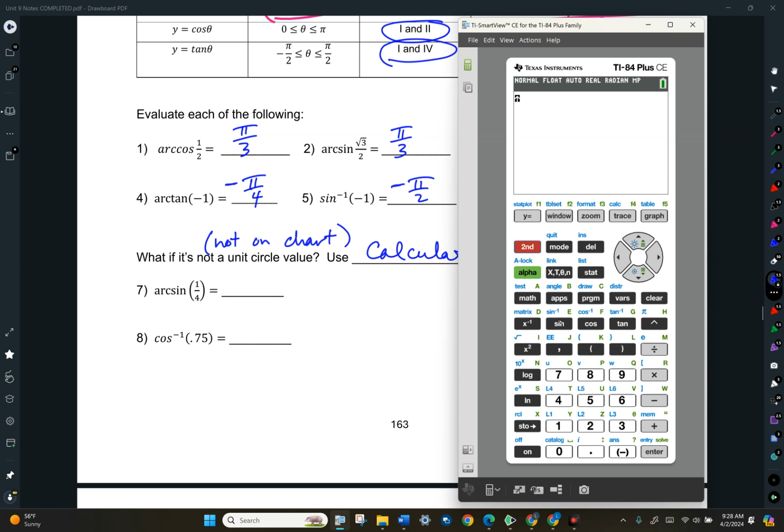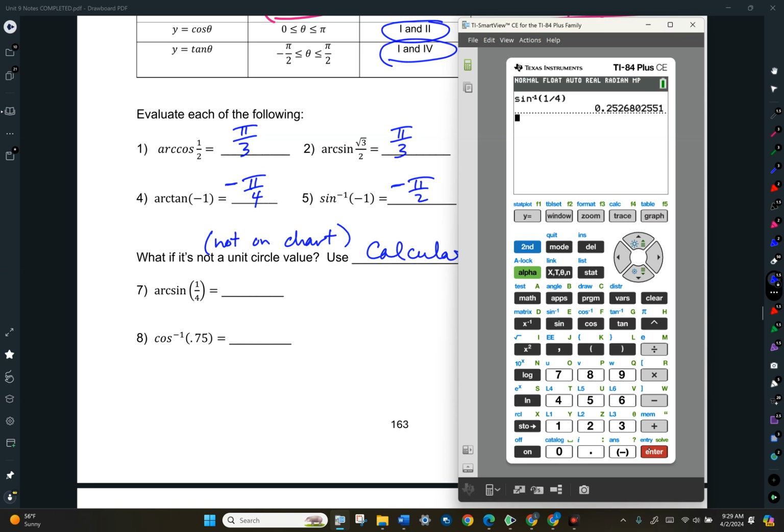So it's going to be second sine of what? Of 1/4. And it's going to give you an answer as a decimal because this is my radian answer. So instead of saying pi over a fraction, they've converted pi to 3.14 and so on. And so the decimal answer is this.